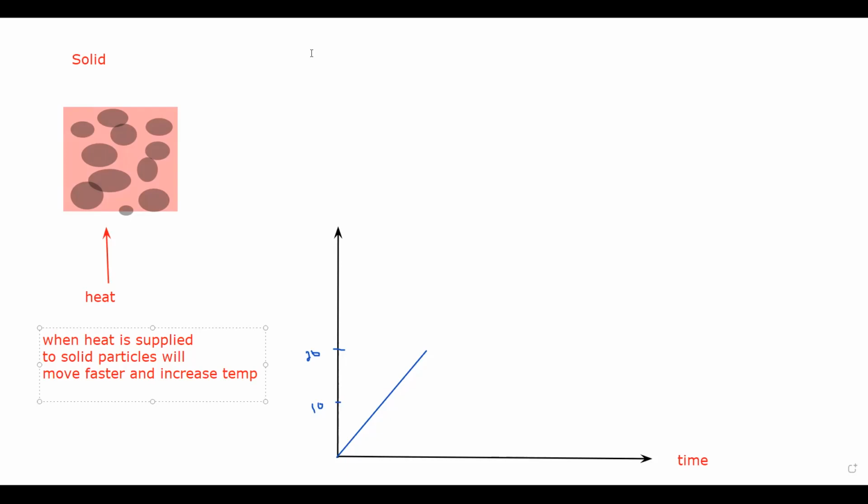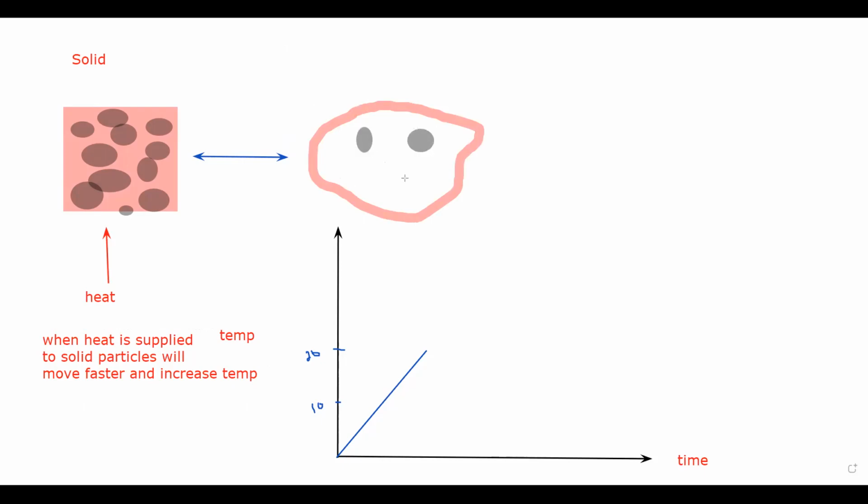Then what will happen at a certain temperature? You will see at a certain temperature, the solid is changing state, and that solid is turning into a liquid. So when the solid is turning into liquid, what is happening to the particles?